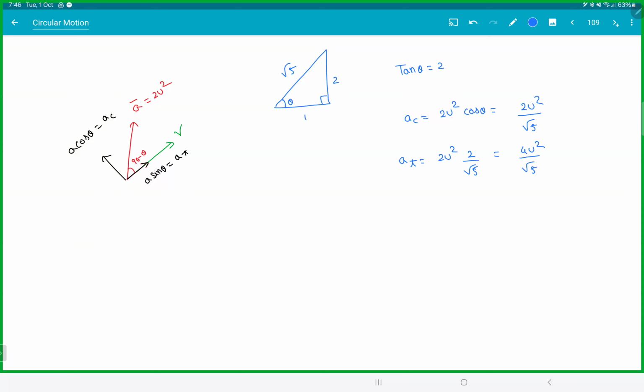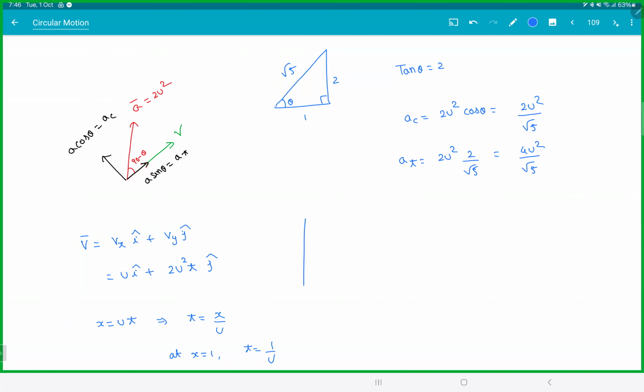And what about speed v? V bar is nothing but Vx i cap plus Vy j cap. This is u i cap. Vy is 2u square t j cap. And you said that x is equal to 1. And we know x is equal to ut. So t is equal to x by u. That x is equal to 1, time is 1 by u. So substitute 1 by u there.